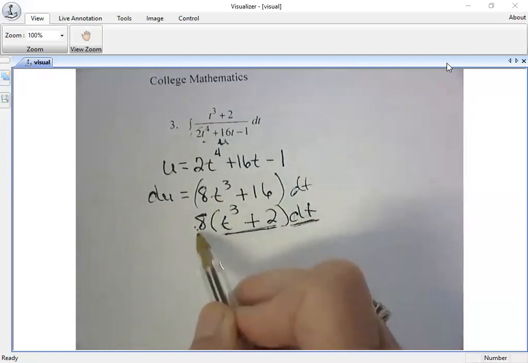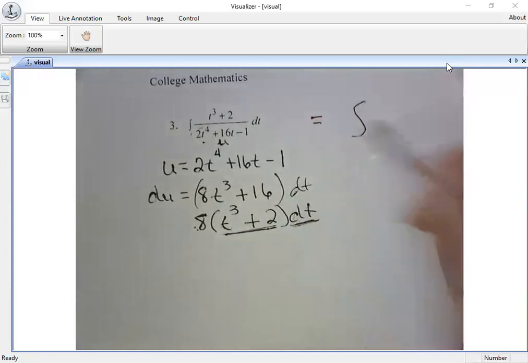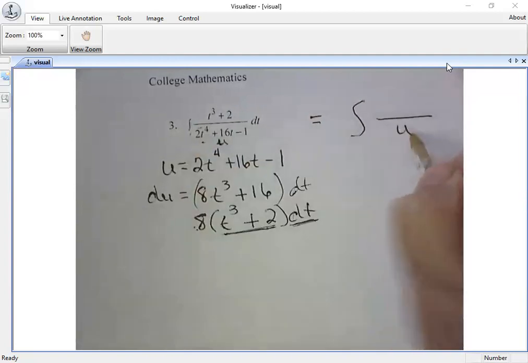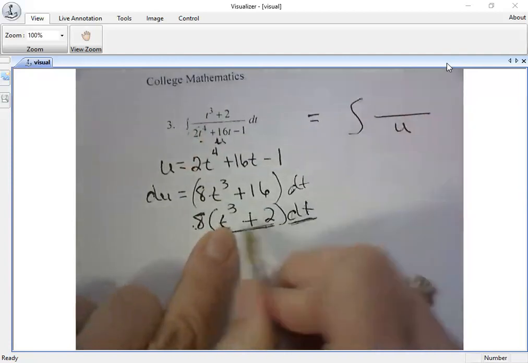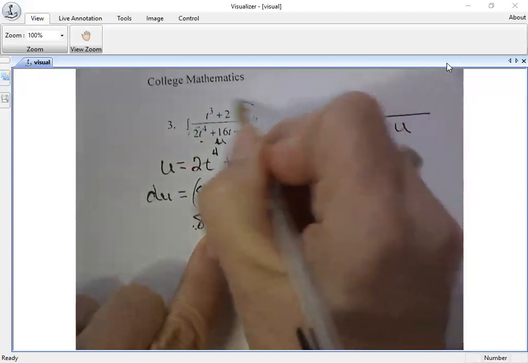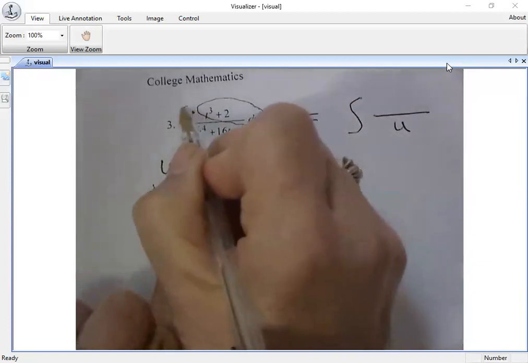What I'm missing is I've got this extra factor of 8. So here's where we are. I have u in the denominator, and my numerator has the t cubed plus 2 dt part, but it also needs an 8, right?